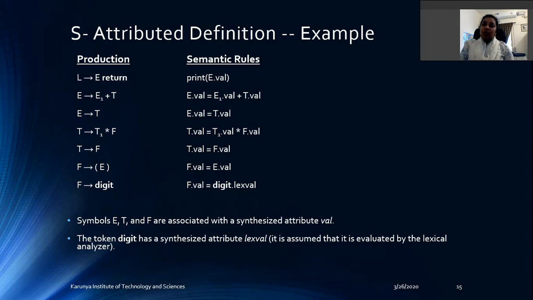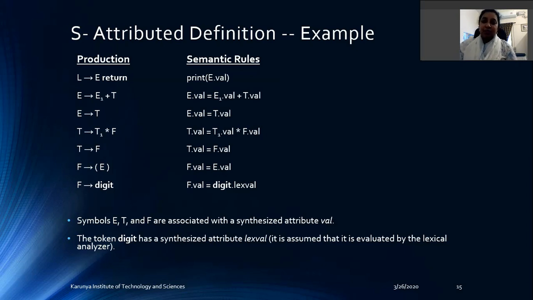Suppose you have 5 attributes to be evaluated in a given attributed definition, which means a syntax directed definition. And all the 5 are synthesized attributes, we call it an S-attributed definition. All 5 attributes which have to be evaluated should be synthesized attributes.